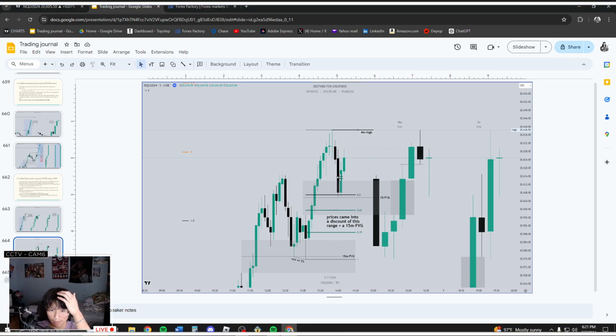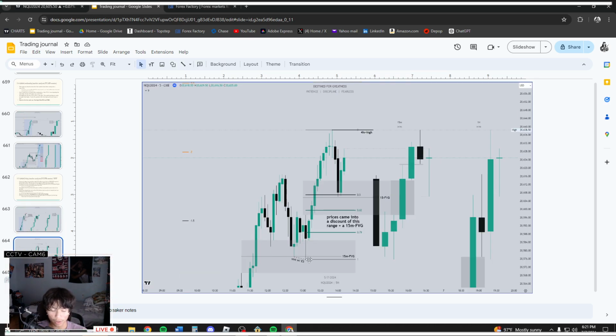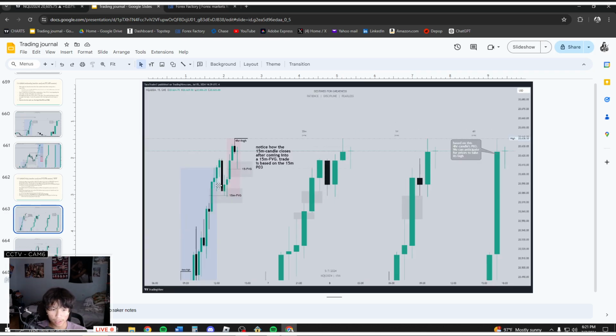Whenever we came into discount in that 15-minute FVG, we had a reaction to it. And this swing high, this swing low is actually created whenever we retrace into another 15-minute fair value gap here. When price retraces into this 15-minute fair value gap, we had a displacement. We displaced away from that 15-minute fair value gap, and we create this little dealing range, this fractal dealing range.